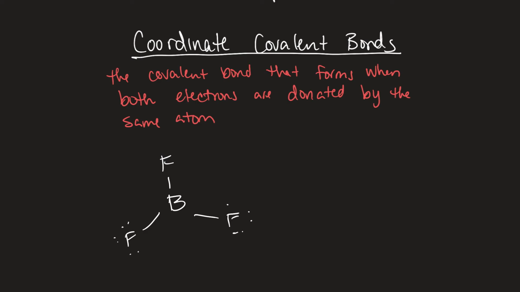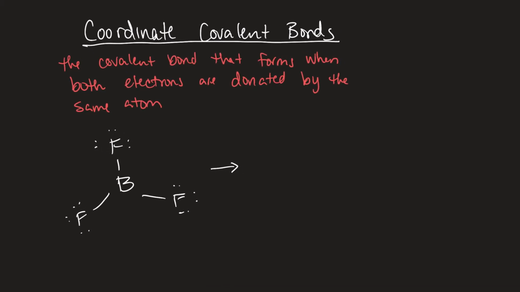Remember we talked about boron being an exception. Boron really only needs to have 3 bonds, and it's completely stable. But from time to time, what can happen is that you could have BF4. This is a legit molecule. It's really more of a polyatomic ion than anything else.